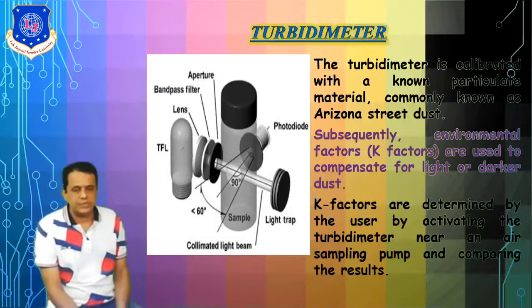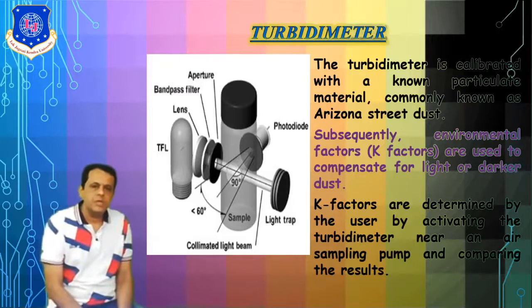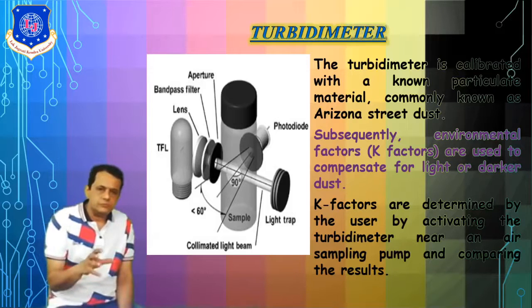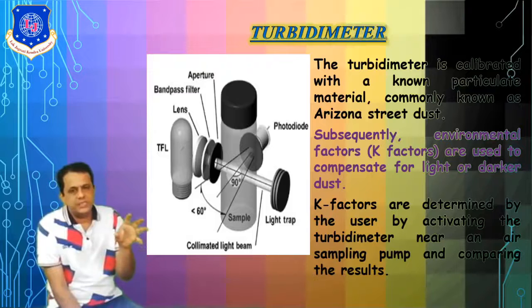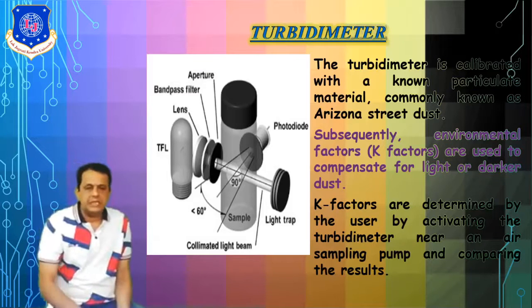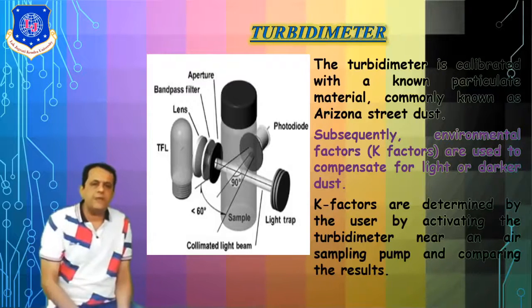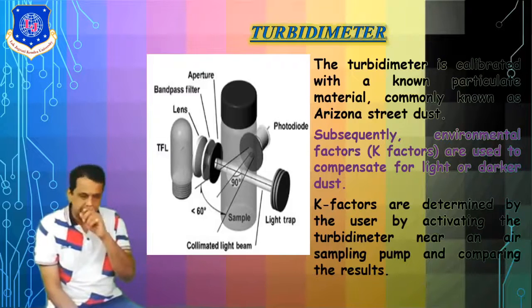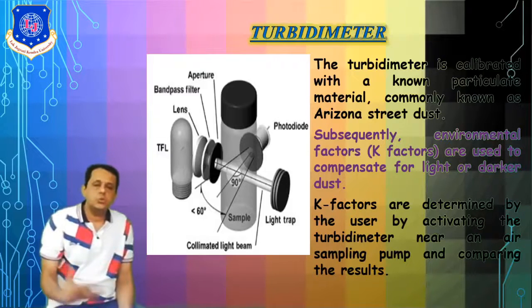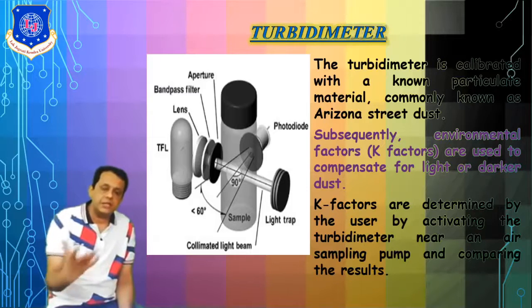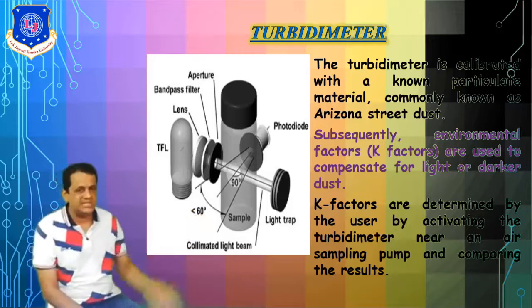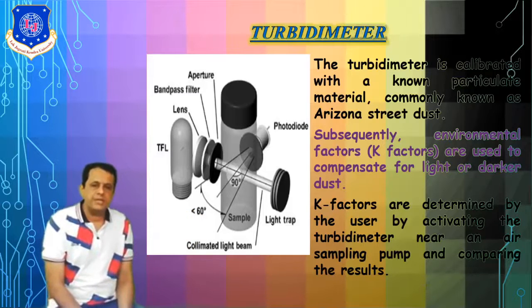We will see how a turbidity meter actually works. Basically, the turbidity meter is first calibrated with Arizona road dust material, and then an environmental factor known as the K factor is used to compensate for lighter or darker dust from this Arizona road dust material.